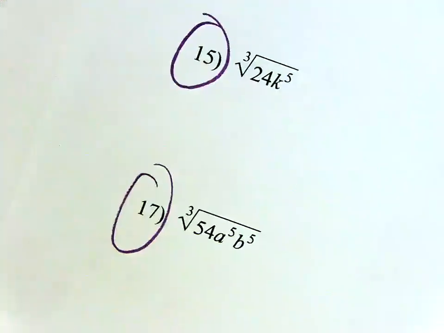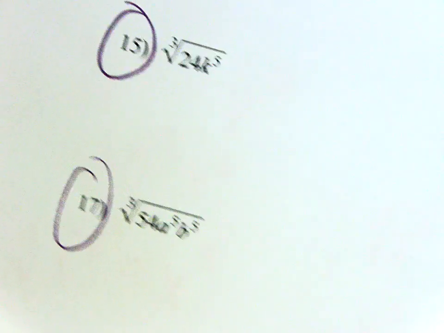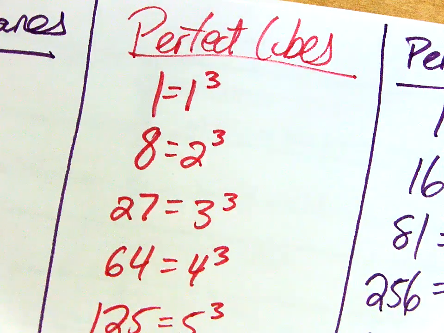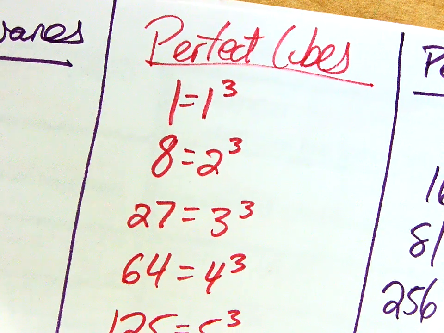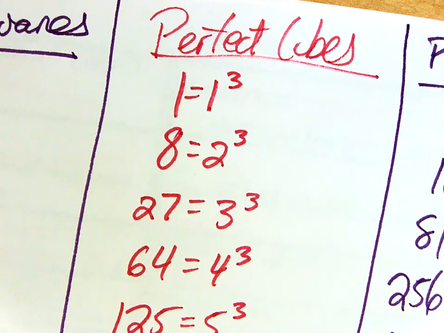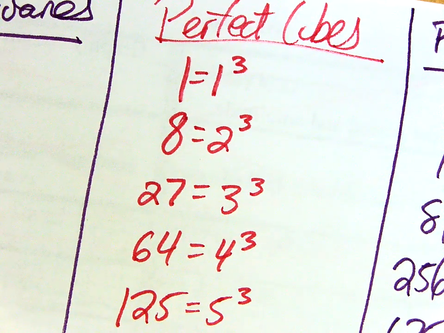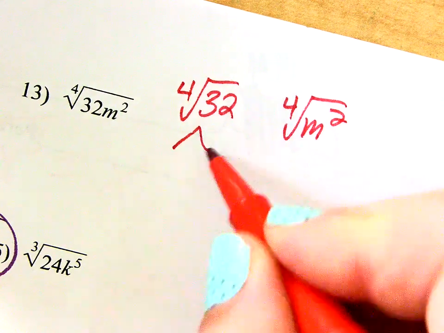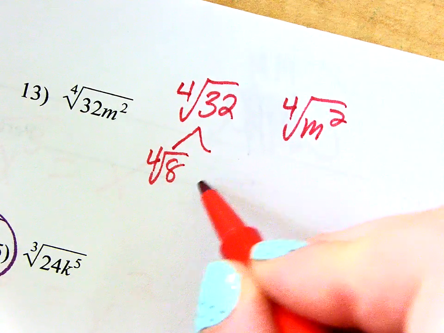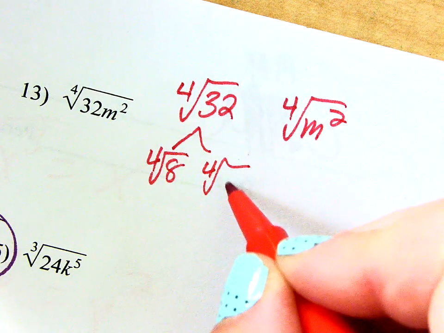Perfect cubes. I do not see 32 in this list. But the largest number in this list that goes into 32 is 8.